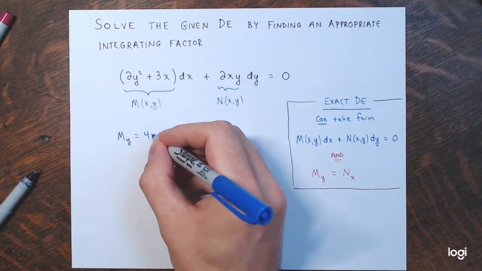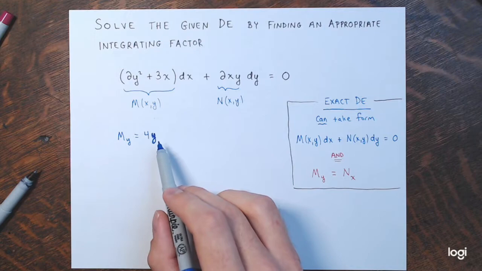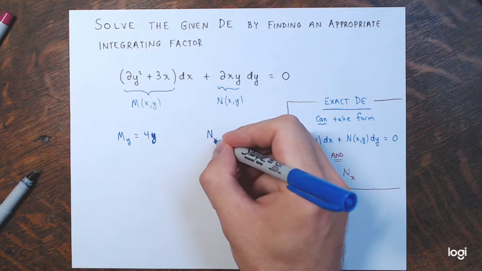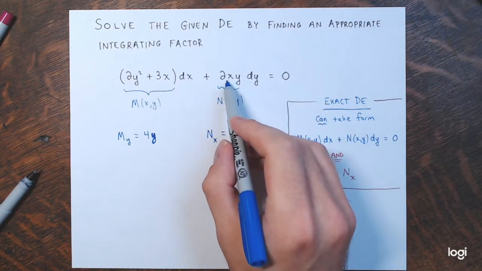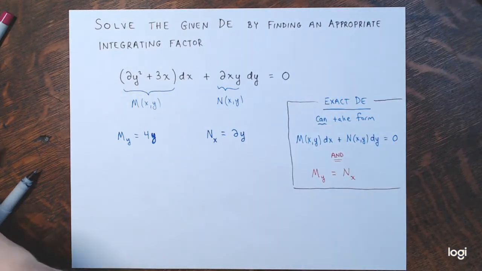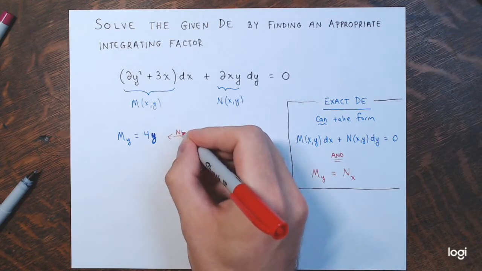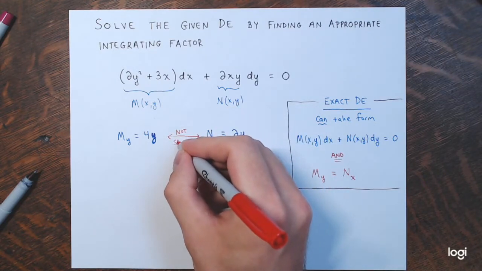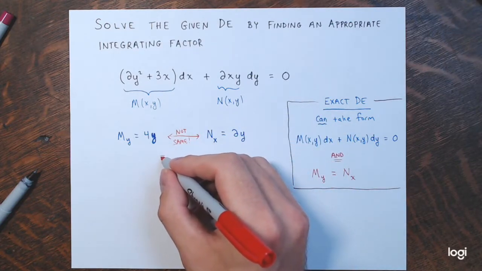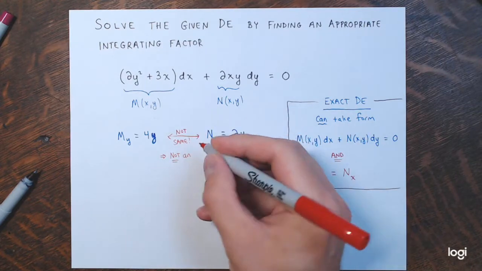Remember, you treat x as a constant, so it's 4y. And the partial of N with respect to x is 2y. You treat y as a constant. And these are not equal. These are not the same, meaning that the equation is not an exact equation.